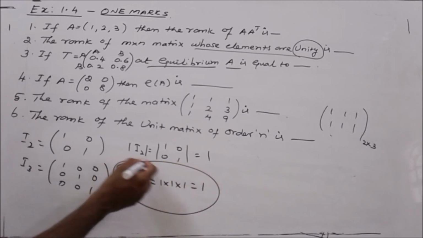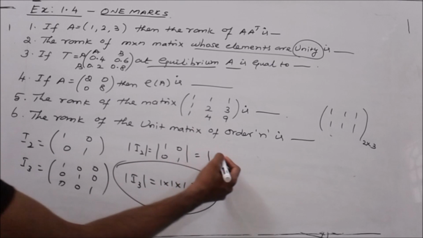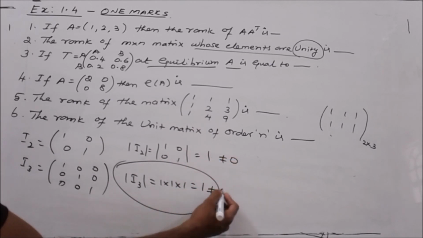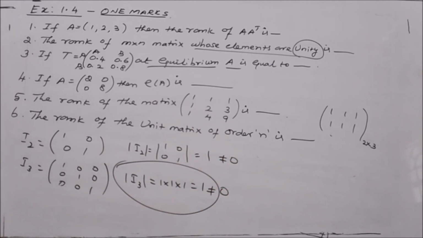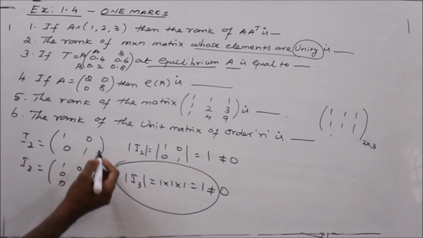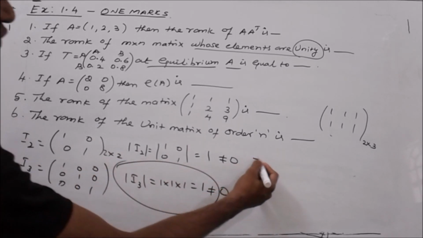Therefore, here also we have a non-zero entry: the determinant is non-zero for I2, and non-zero for I3. If we take any order, the determinant value for a unit matrix will be equal to 1, that is non-zero. So we can easily conclude that for order 2 by 2, the rank is 2.